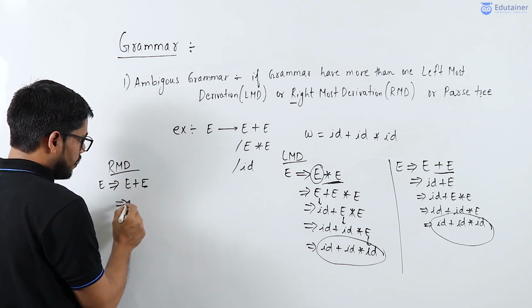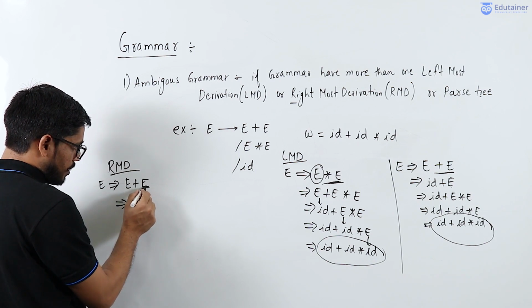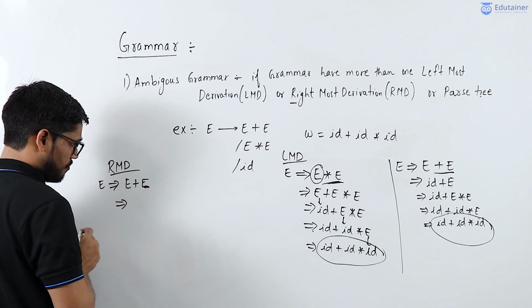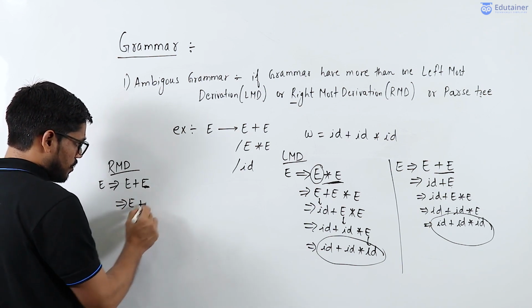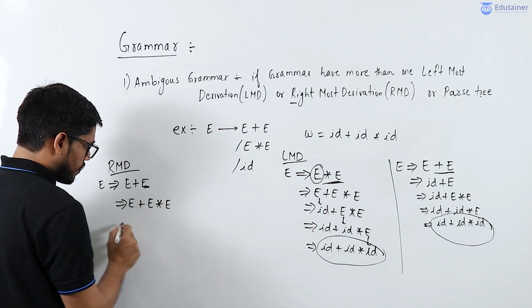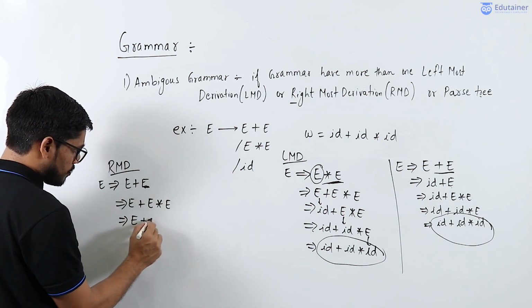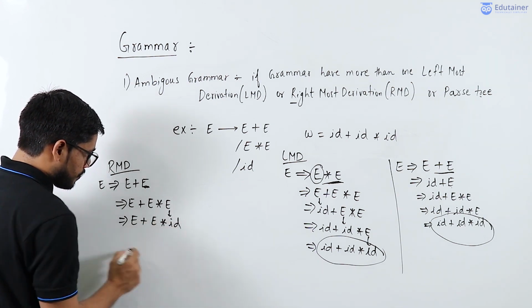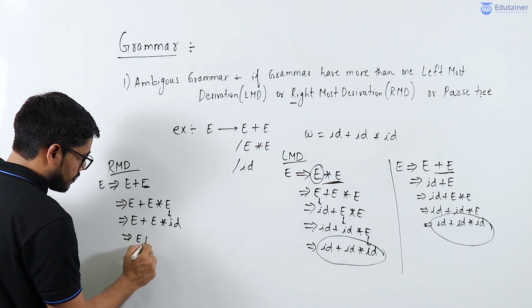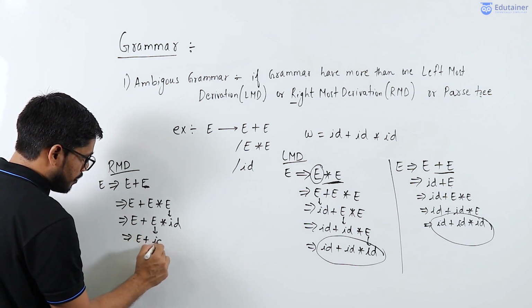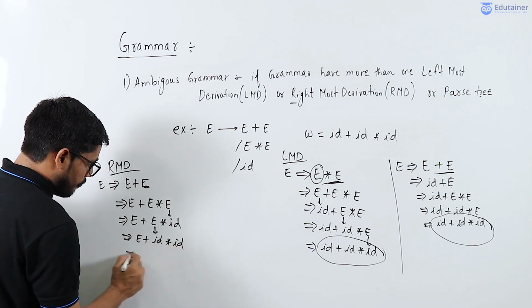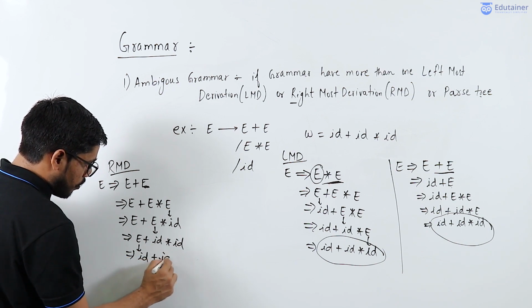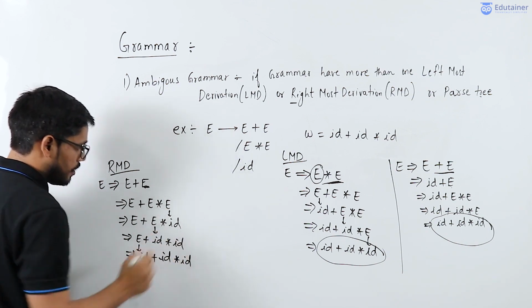So here in E plus E, the rightmost E in the right hand side has been replaced first: E plus E star E. Now this E has been replaced by ID, E plus E star ID. Then this time this E has been replaced by ID, E plus ID star ID, and finally this E is replaced and we got the result ID plus ID into ID.